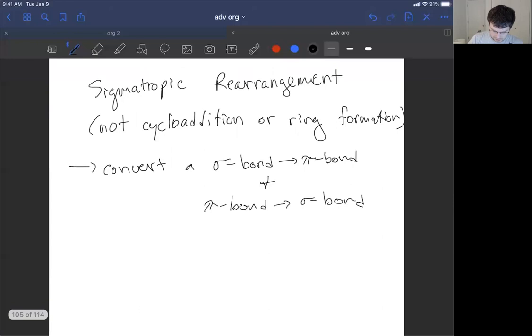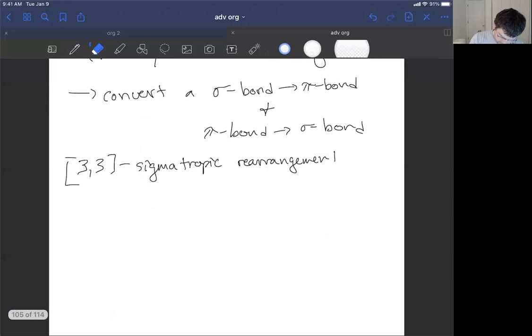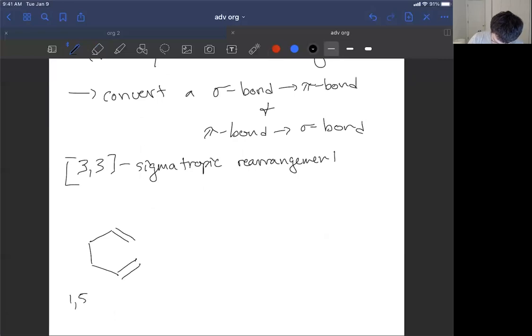The most basic example is the 3,3 sigmatropic rearrangement. In the 3,3 sigmatropic rearrangement, we're going to take a 1,5-hexadiene.